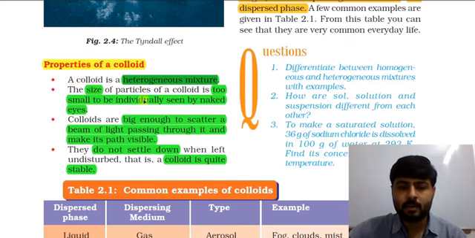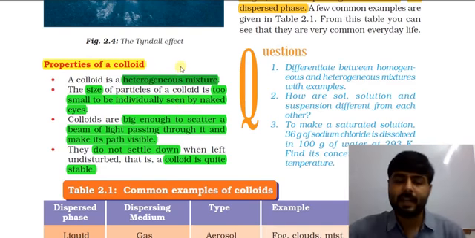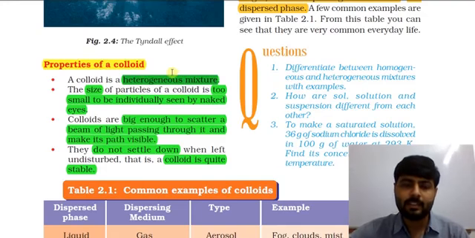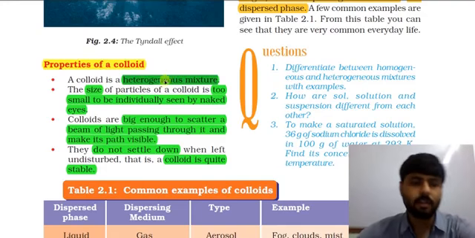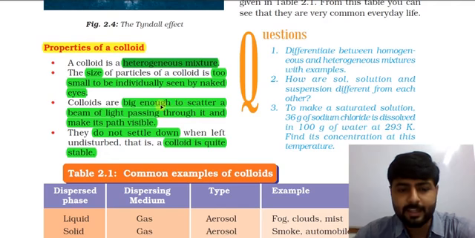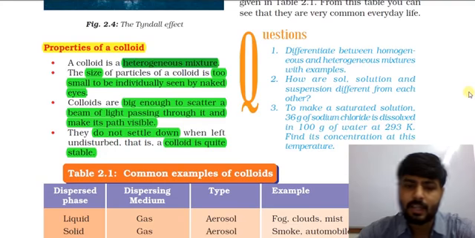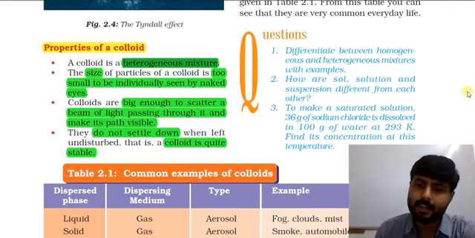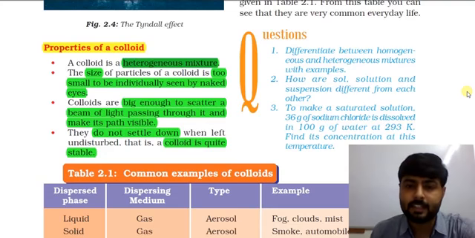Size too small to be individually seen by naked eyes, which means the particles of colloid cannot be seen by naked eyes. Big enough to scatter the beam of light passing through it and make its path visible, which means colloid particles are big enough to scatter the light beam, so we can see the path of the light beam passing through colloids.